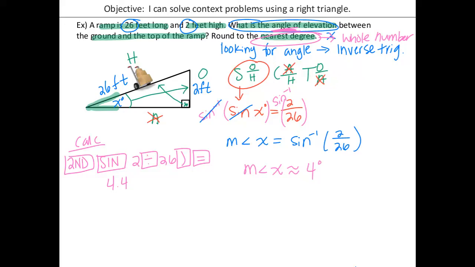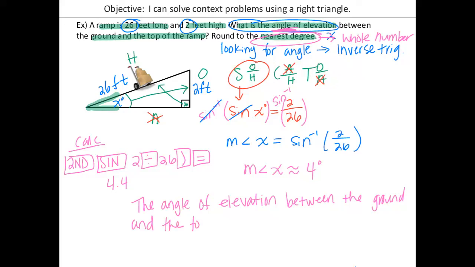So we would say the angle of elevation between the ground and the top of the ramp is about 4 degrees.